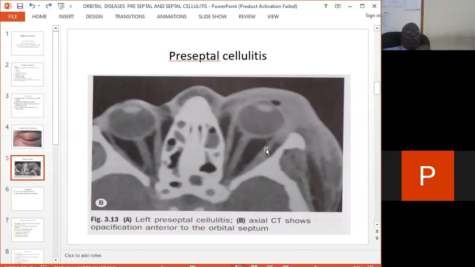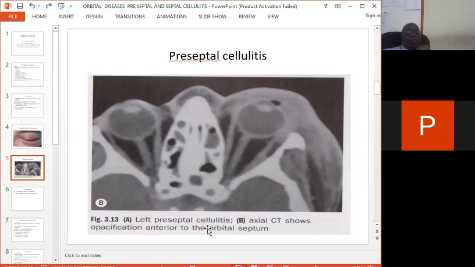If it was orbital, it should be here inside. So left preseptal cellulitis. Actual CT shows the opacification anterior to the orbital septum. This is the orbital septum. This anterior is there. Well, this side, there's nothing.